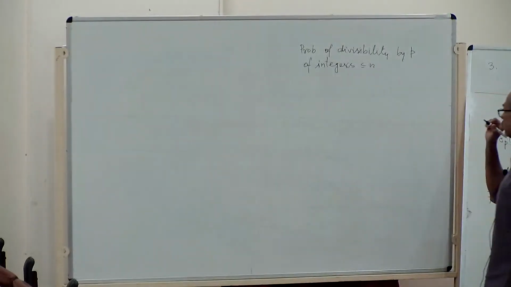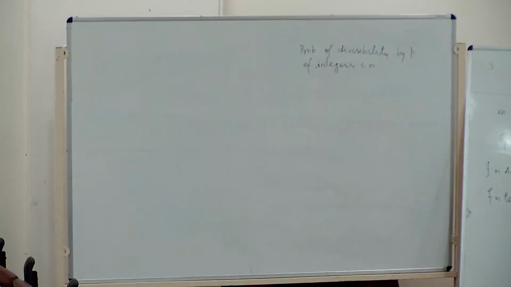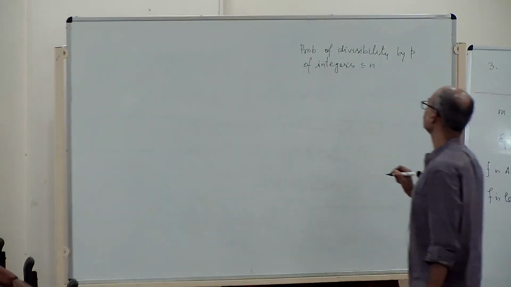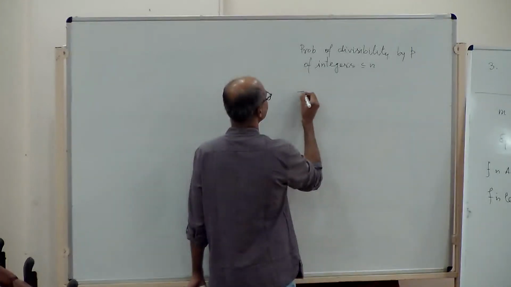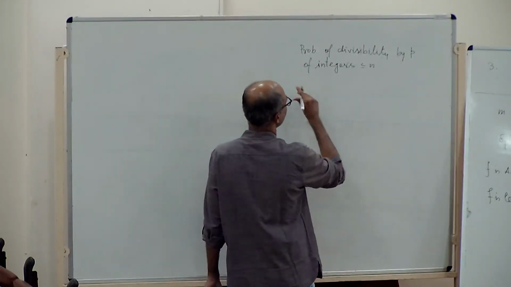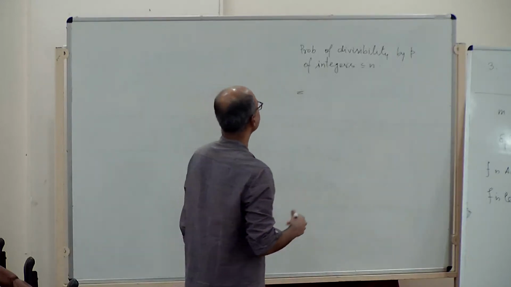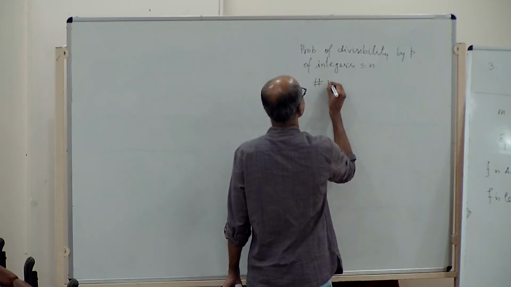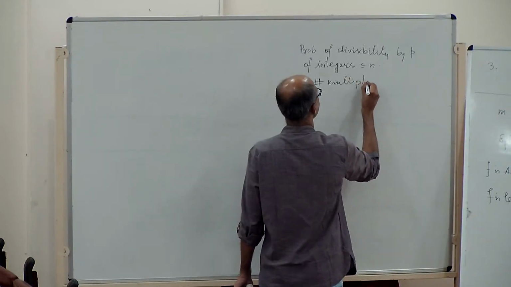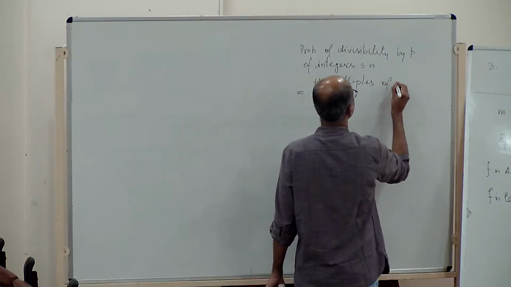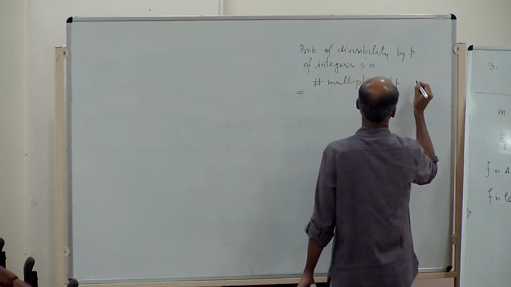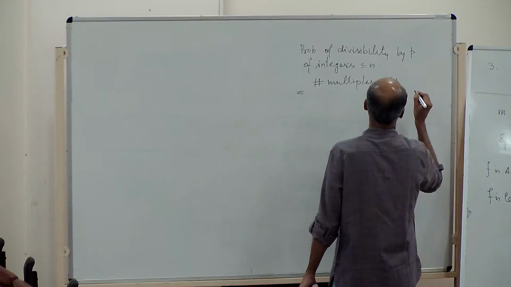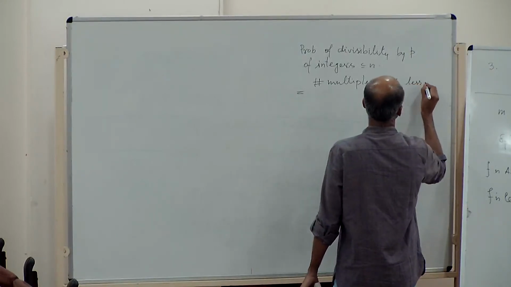So, what I mean is that for an integer less than equal to n, what is the probability that it is going to be divisible by p. So, if we just use our empirical definition of probability, then it is the number of favorable events by all events. So, number of multiples of p less than n, divided by n. N is all the integers.